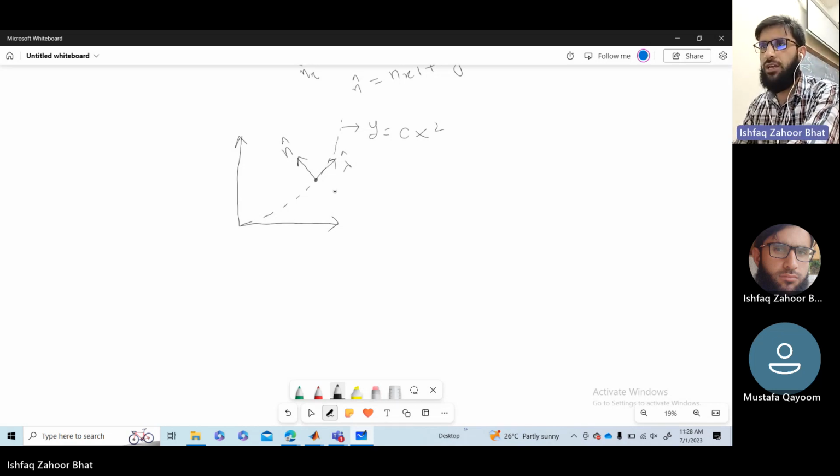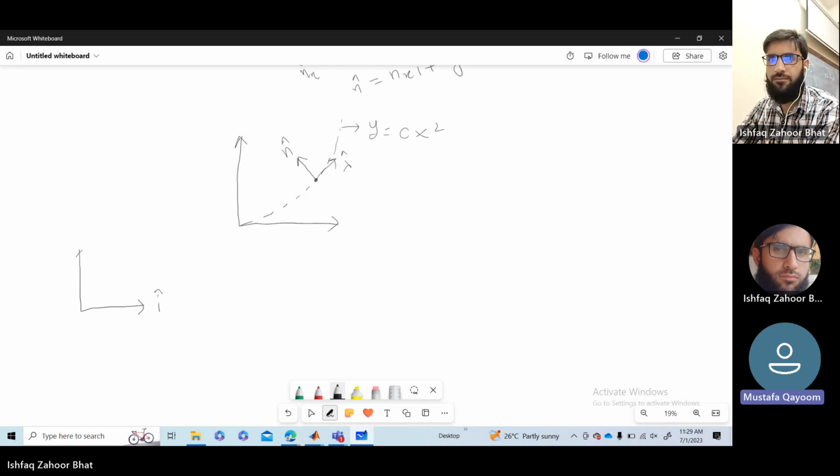I have my own way of calculating lambda and this normal. You can also do it in various ways, but I think this is the most efficient way. Sir, we can calculate lambda cap and n cap by taking the tangent. The equation of the tangent will give lambda, and the normal, by taking the minus of 1 divided by dy by dx, we'll get the equation of n. Exactly, yes, I have done the same. So I think our thinking matches.